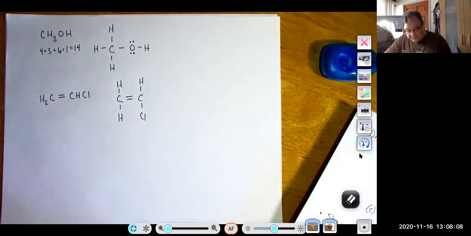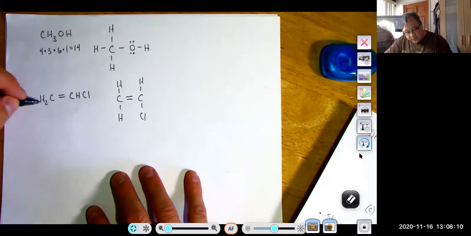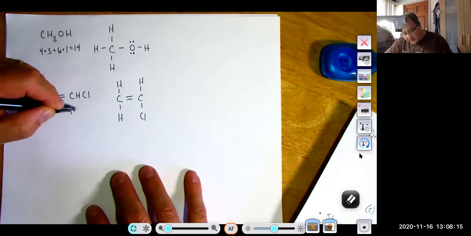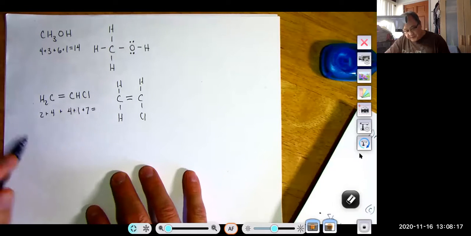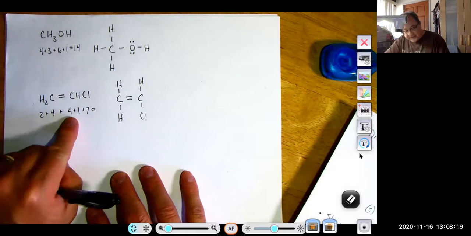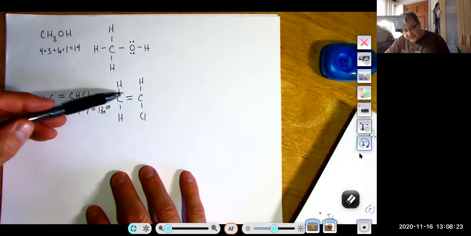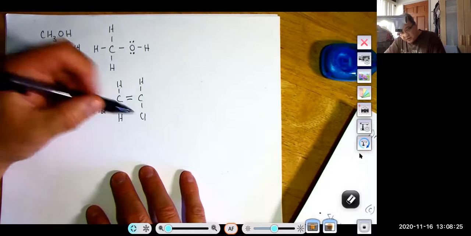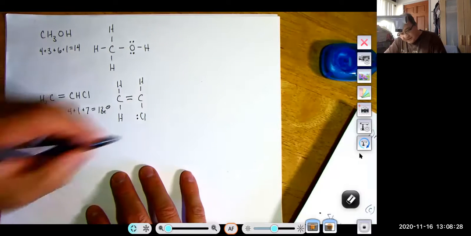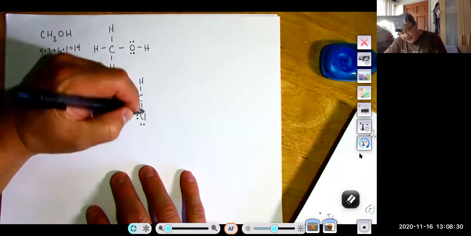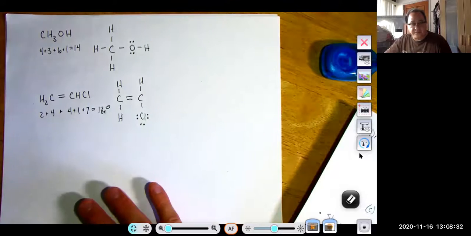So this is the start. And if we count electrons, we've got 2 plus 4 plus 4 plus 1 plus 7. So that's 10, 18 electrons. Here we've used 2, 4, 6, 8, 10, 12, 14, 16, 18, and there's the Lewis structure.